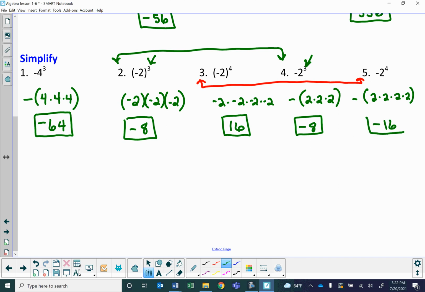Notice how in 3 and 5, the answers are opposites of each other because the exponent is even. That's when it's going to become very, very critical. If you don't pay attention to those exponents and whether your negative sign is inside the parenthesis or outside the parenthesis, you're going to make some monumental mistakes, and that will compound itself later in some of the other things that you do.